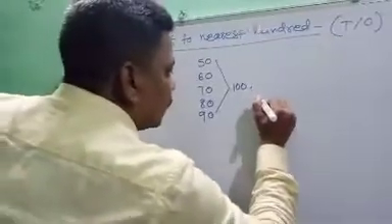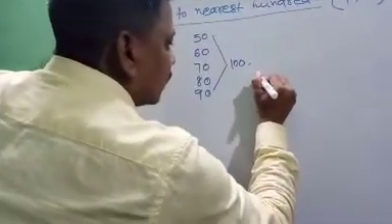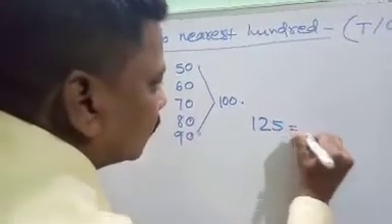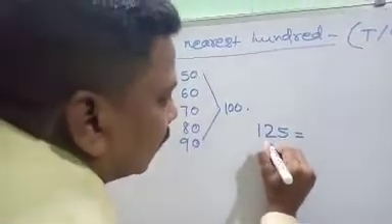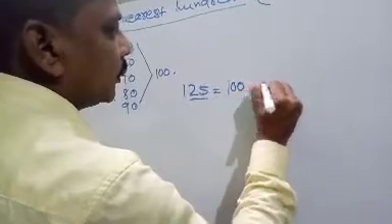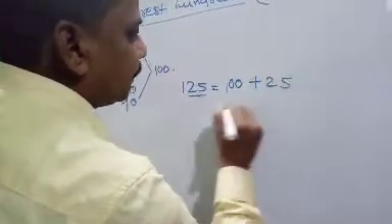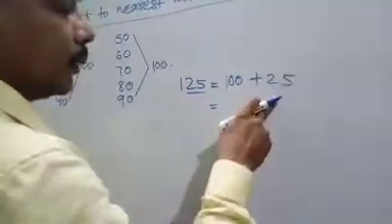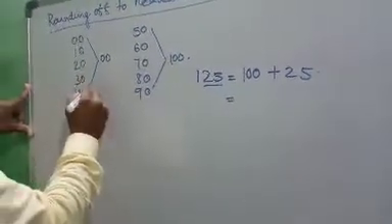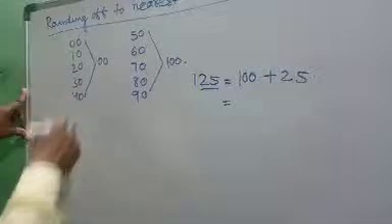Okay, let's take an example. Suppose 125. We have to round these two places. So 100 plus 25. 25 means how much is the value? 0.